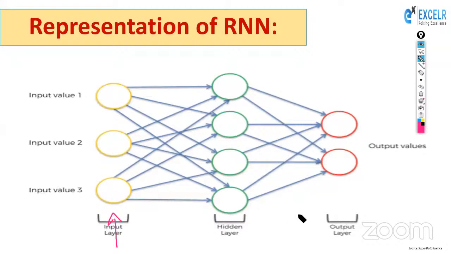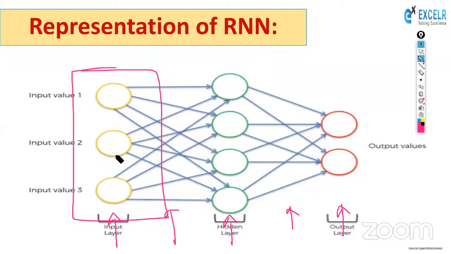Since all of these are one above another, if you see from underneath, if you see only the input layer, rather than seeing the 3 nodes, you can see only 1 node, right?